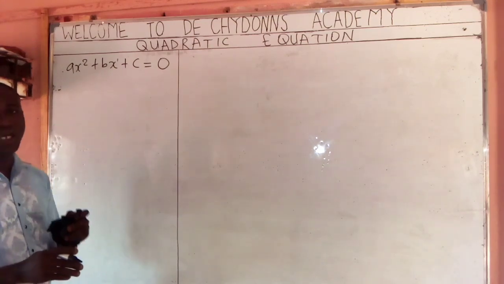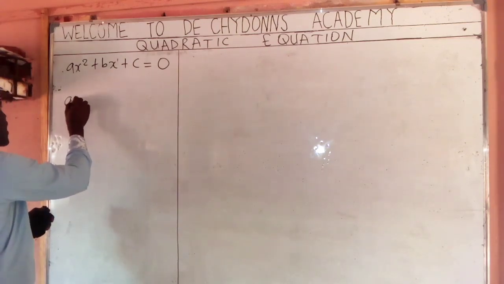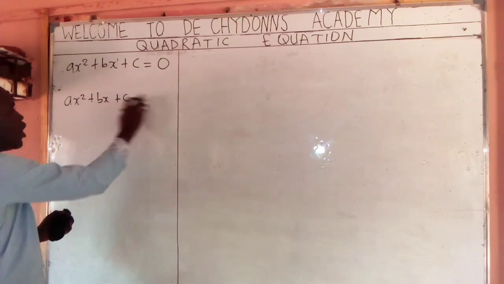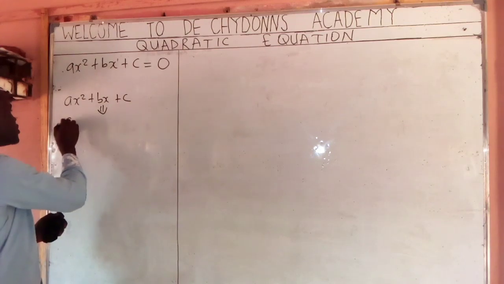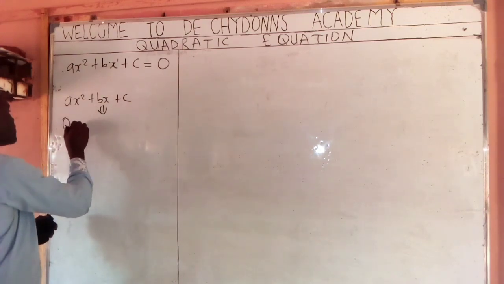What if it does not have an equality sign? What if it is written this way: ax squared plus bx plus c, with no equality sign? This is called a quadratic expression.